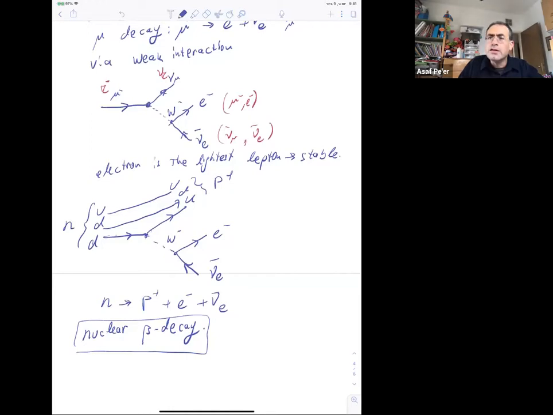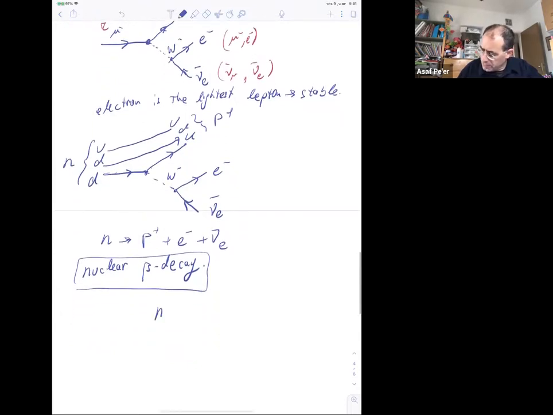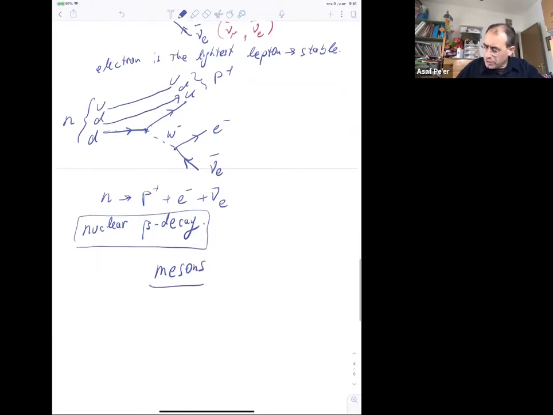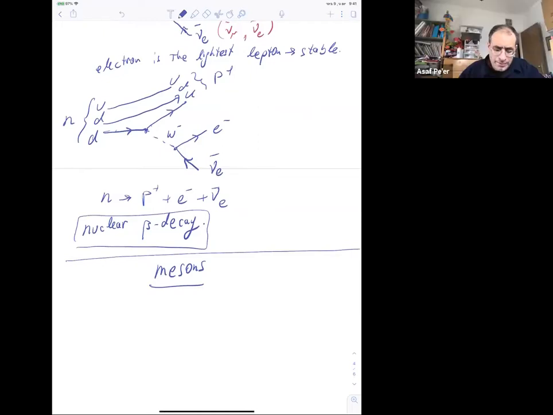Okay, then. Let me talk about mesons. So again, there is a lot of jargon going on here. We just described how a neutron decays into a proton, right? Since quarks don't come alone, we have a combination of 3 quarks, and these are known as baryons, right?